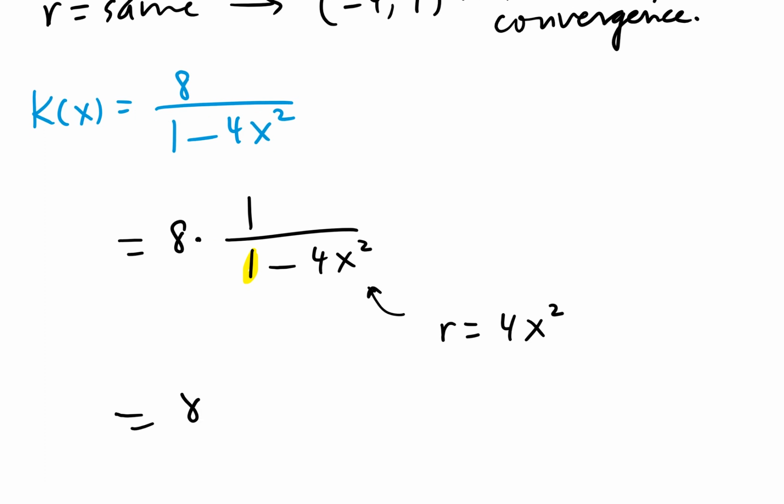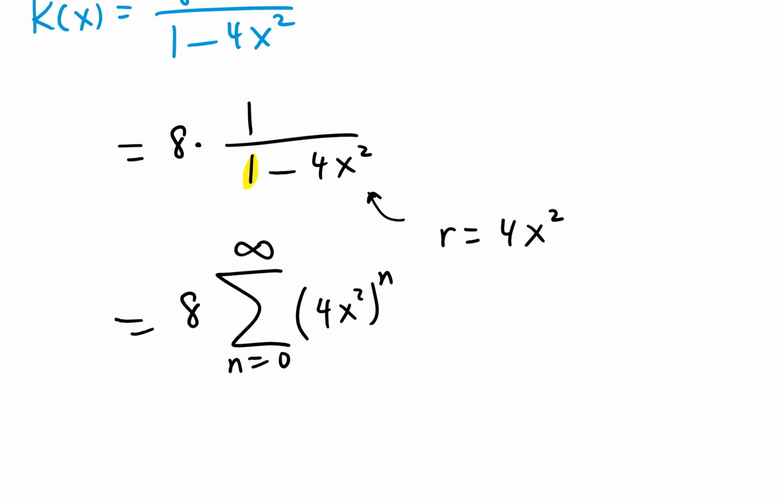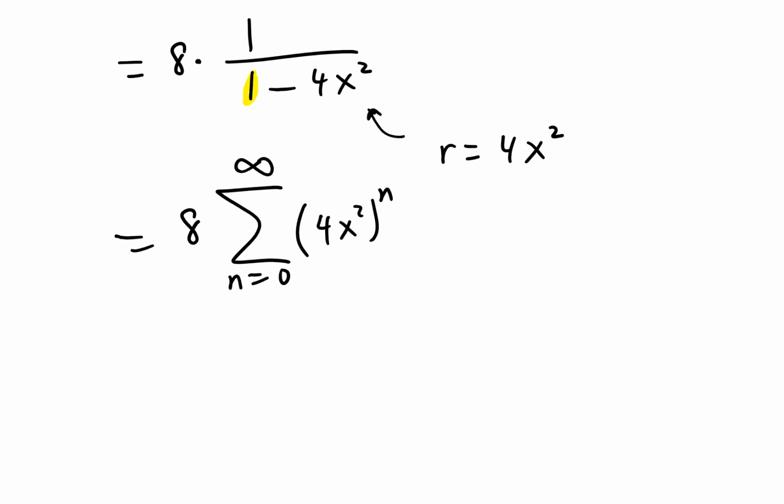So we go 8 times the sum of r to the n. R is 4x squared, to the n. N ranges from 0 to infinity. Then keep 8 out. I can write this as 4 to the n times x to the 2n.